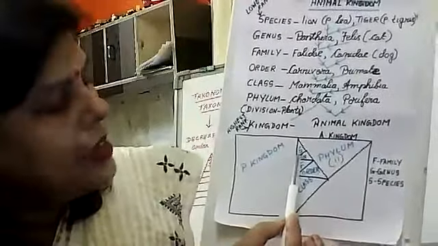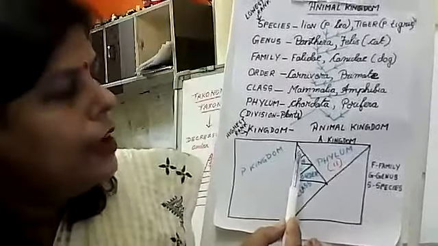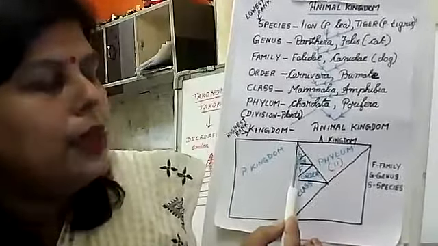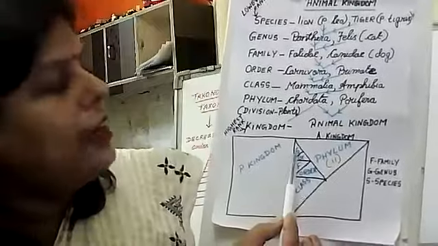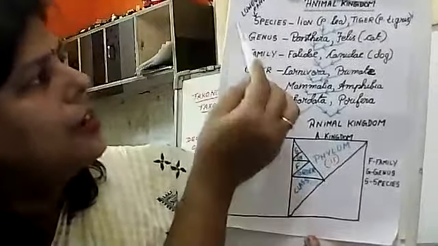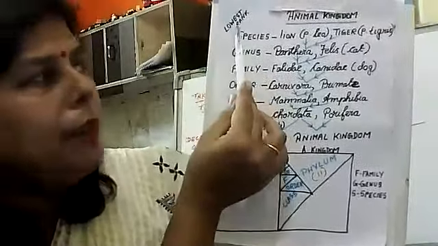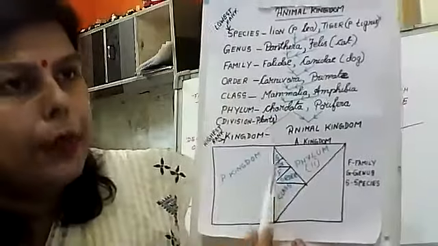Now, the size is very small, almost a minute structure. Further, it is impossible to divide it again into smaller ones. That's why it is said that the species is the lowest rank, meaning further it can't be classified into simpler form.